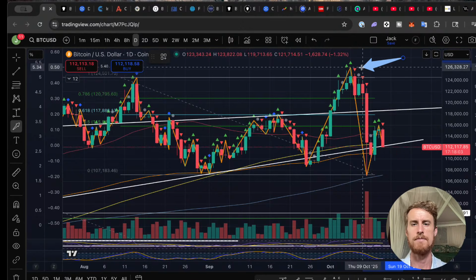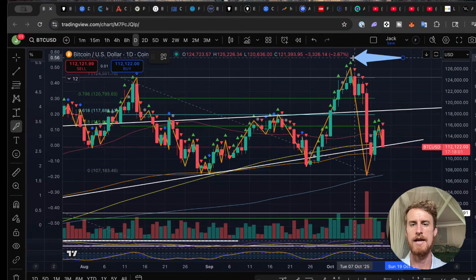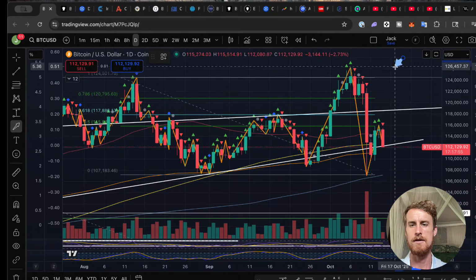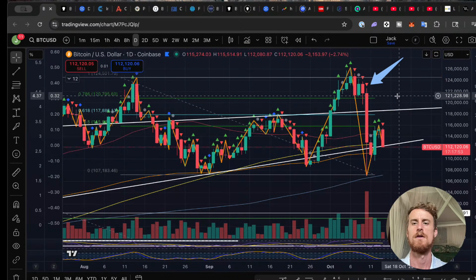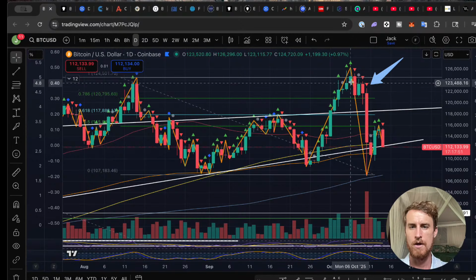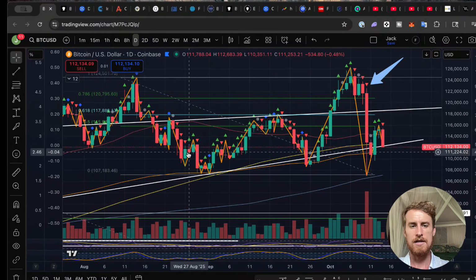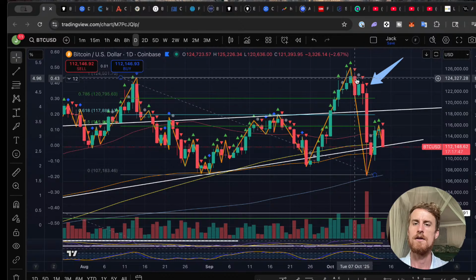This is a big concern when we get an all-time high, especially, and then we get 1, 2, 3 red arrows in a row. That is a massive warning sign. It was in March of last year as well, and we had months and months and months of sideways action. And it was brutal.